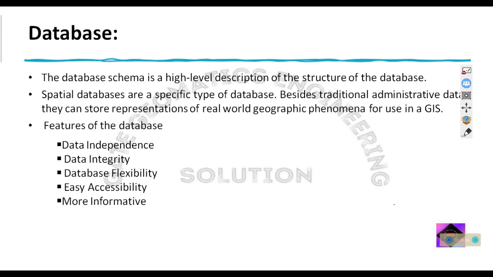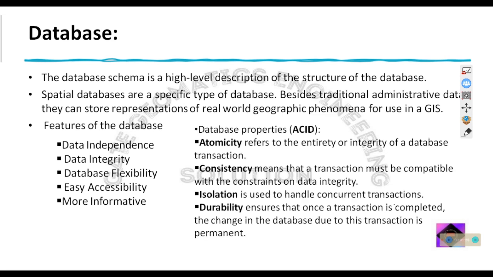So what are the features of databases? You can see that data should be independent, integrated, and the database should be flexible enough to cater to various types of data and be easily accessible, and it can cater to a huge amount of information. To cater to these features, the database has to have some properties. So what are those properties?